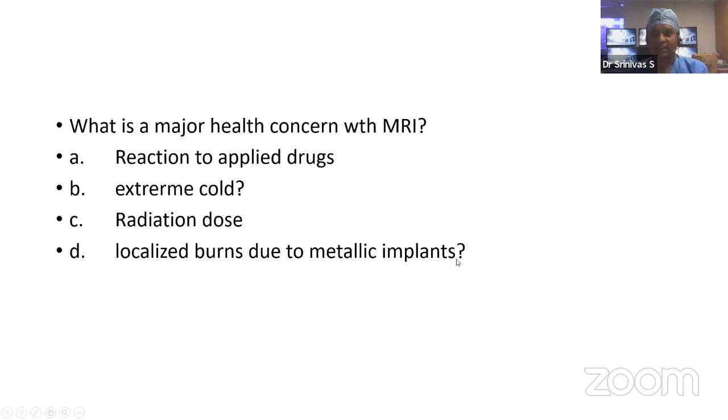What is a major health concern with the MRI? Reaction to the applied drugs, extreme cold, radiation dose, localized burns due to metallic implants. Yeah, it is because of localized burns due to metallic implants.